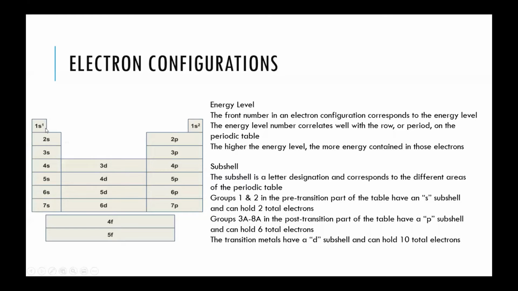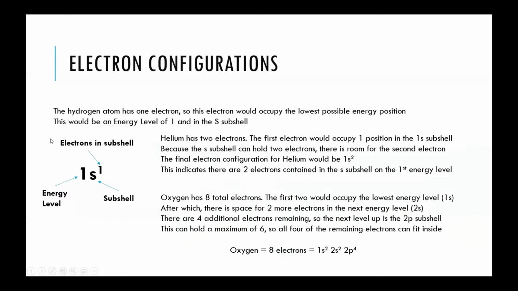Going back to this, you've filled up the 1s subshell. So what's next? You're going to the next energy level, the second energy level, starting again with the s subshell. Energy level of 2 in the s subshell, and you can put 2 more of them there.